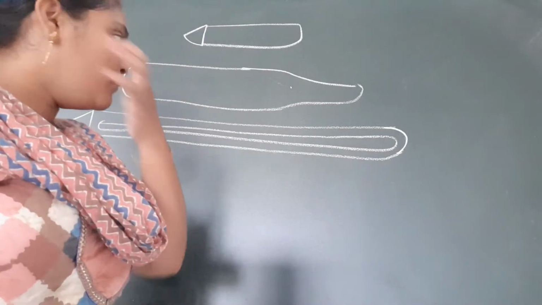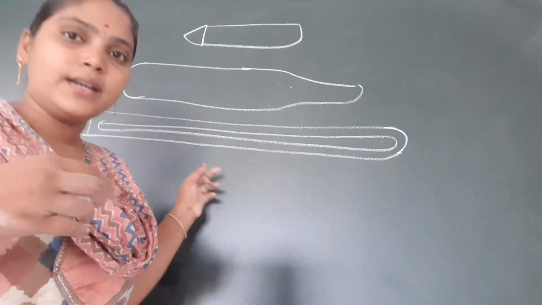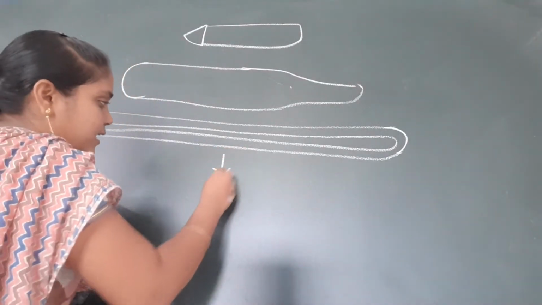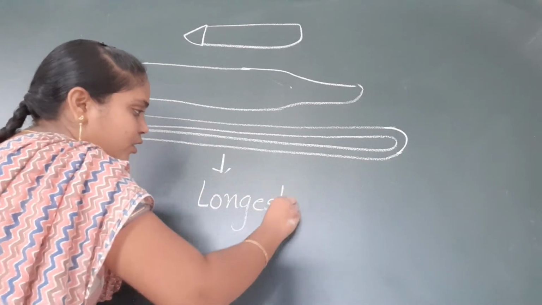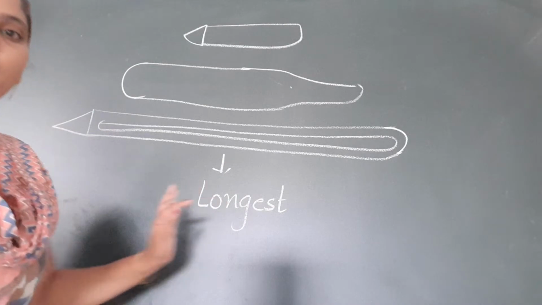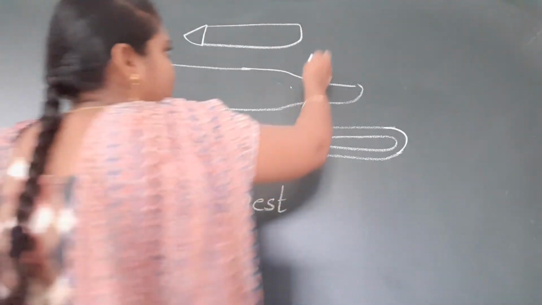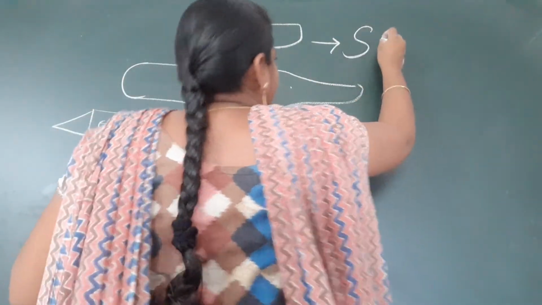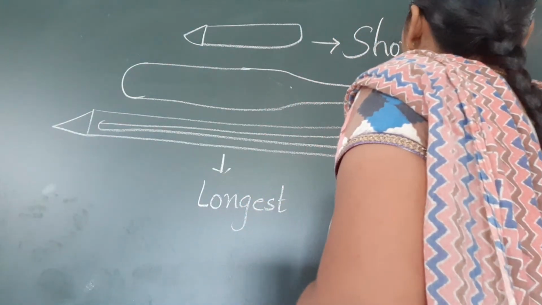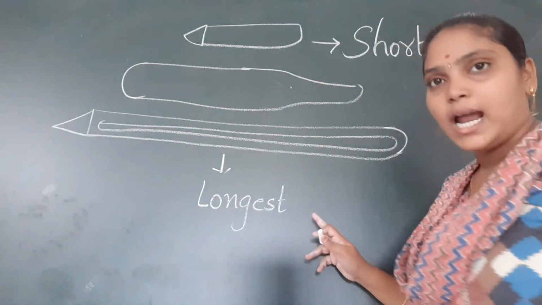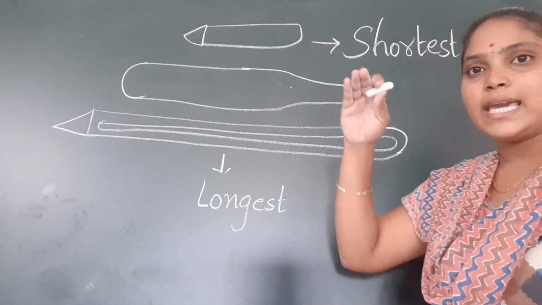Now, in these three, which one is longest, children? Yes, the pencil is longest. And which one is shortest? The crayon. The crayon is the shortest object and the pencil is the longest object.